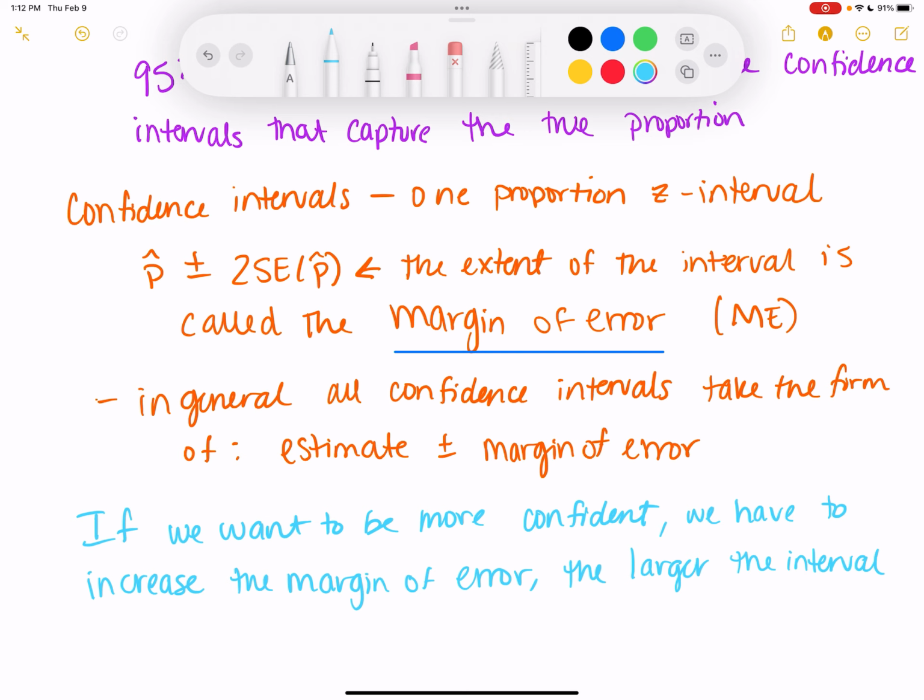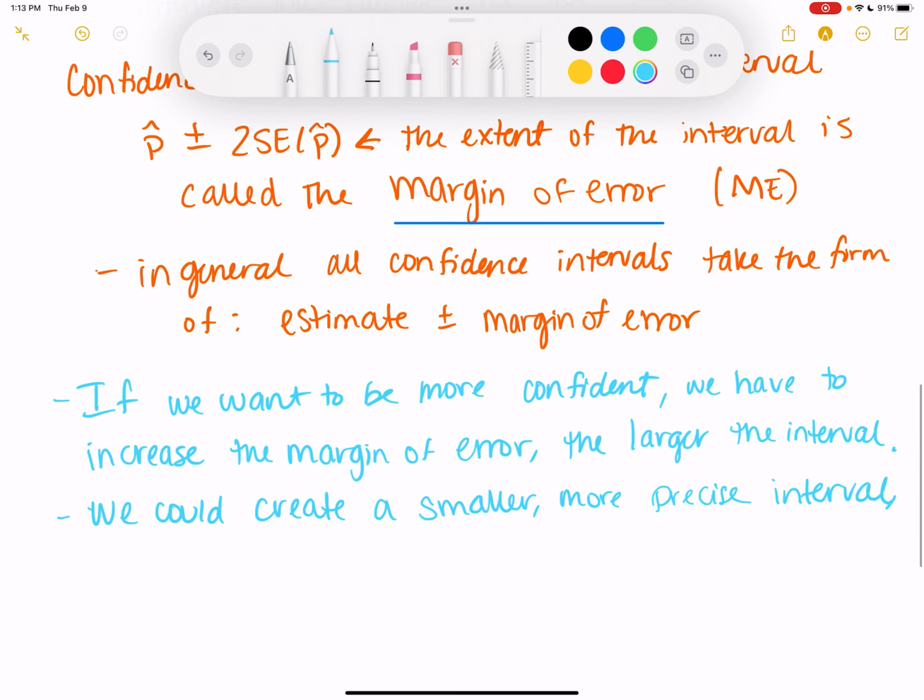Oh, next thing. We could create a smaller, more precise interval, but we would have less confidence in it.